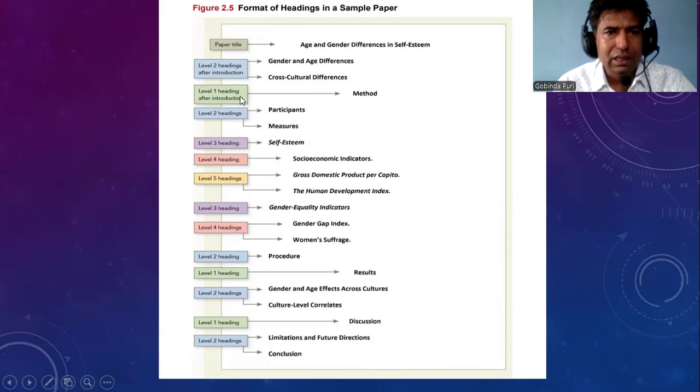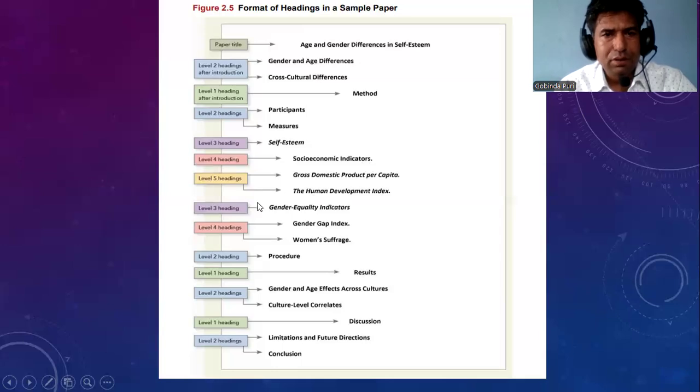And you can see level 1 heading again, Method, and then level 2 headings, Participants, Measures, and level 3 heading, Self-Esteem, level 4 heading, Socioeconomic Indicators. See, the level 4 heading ends with a period and the text begins from there. Level 5 headings go like this. For example, you can see Gross Domestic Product per Capita, and the Human Development Index.